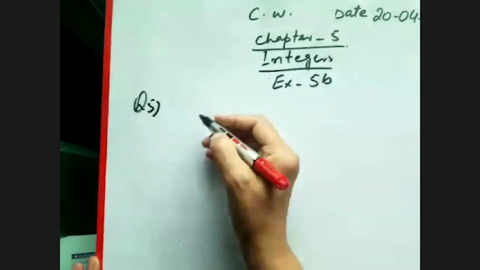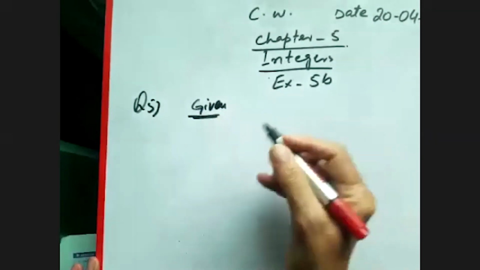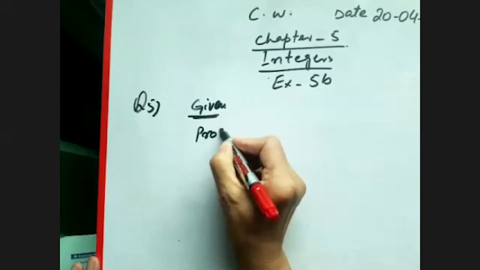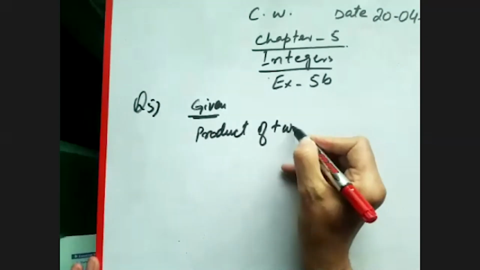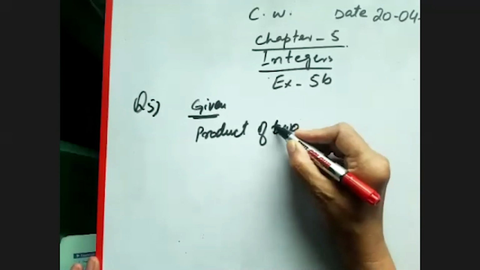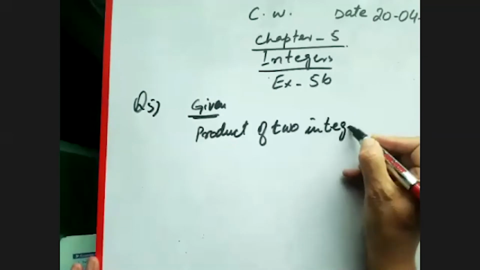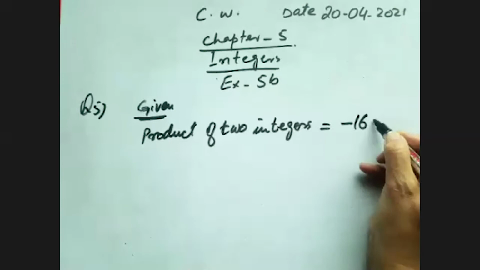Write down the given first. So product of two integers is minus 160.